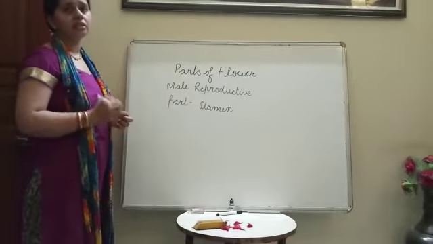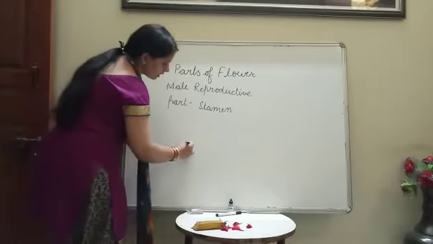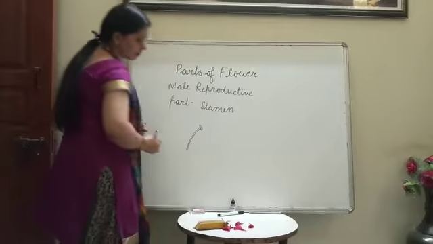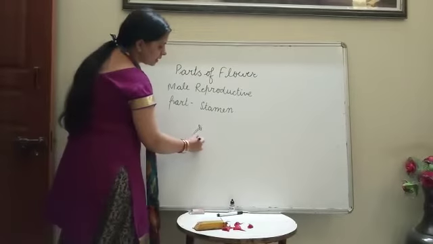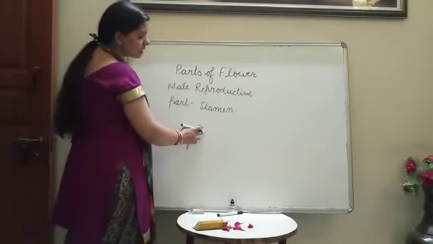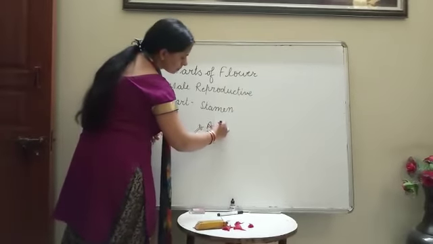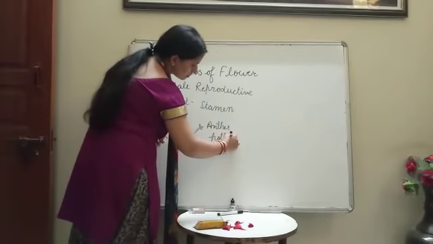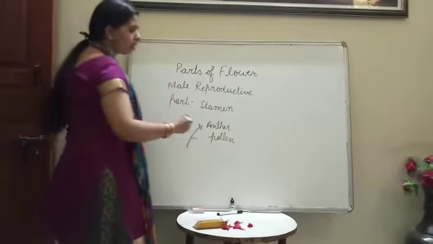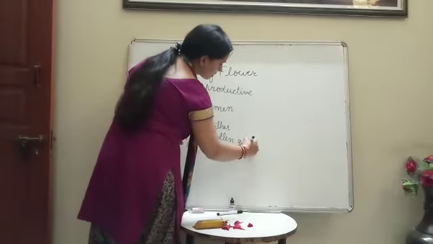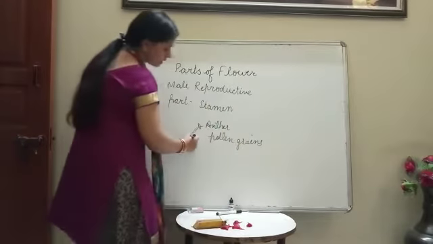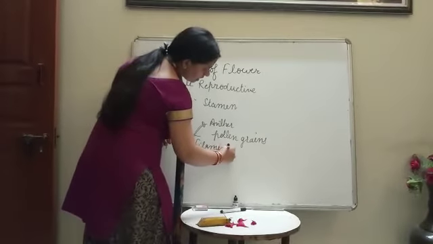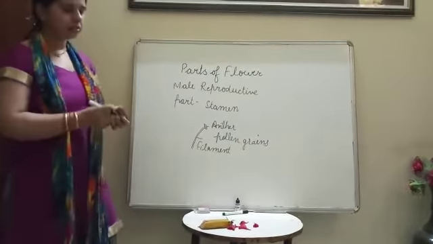And stamen has two parts, that is filament and anther. This is filament and this is anther, and inside the anther what is present? Pollen. Pollen is present, and pollen has pollen grains, and this is filament. So it is the male reproductive part of the flower.